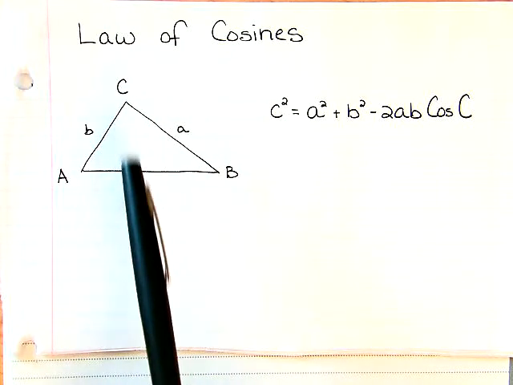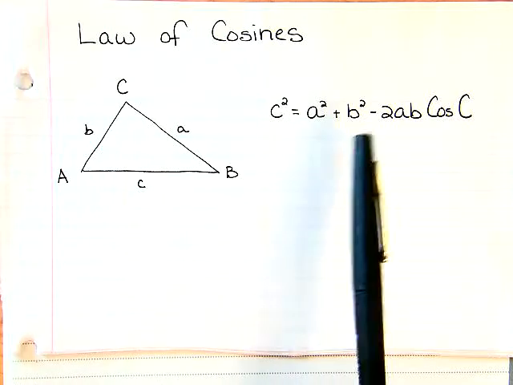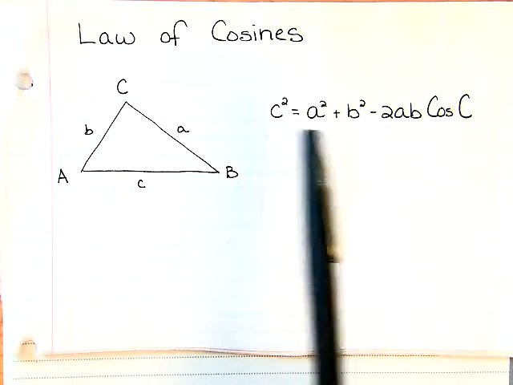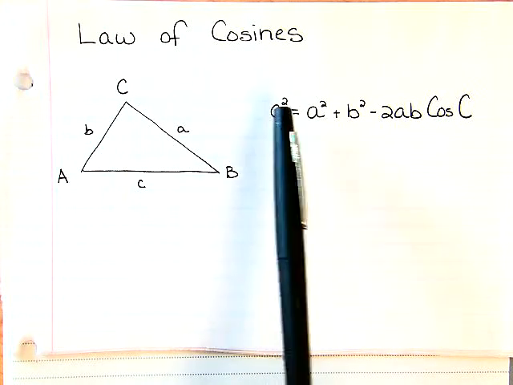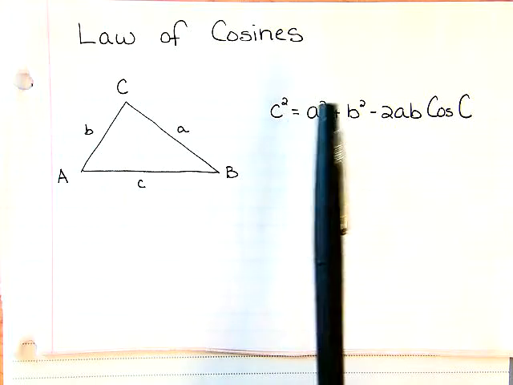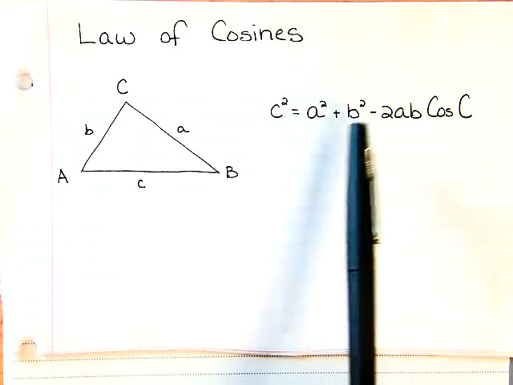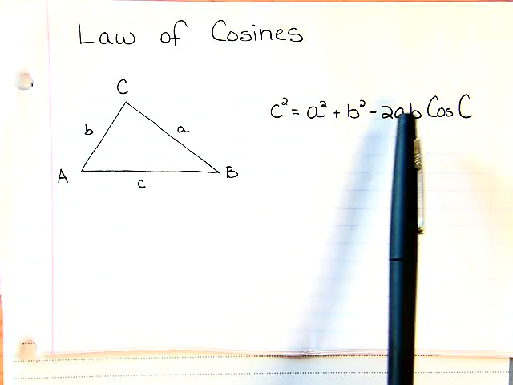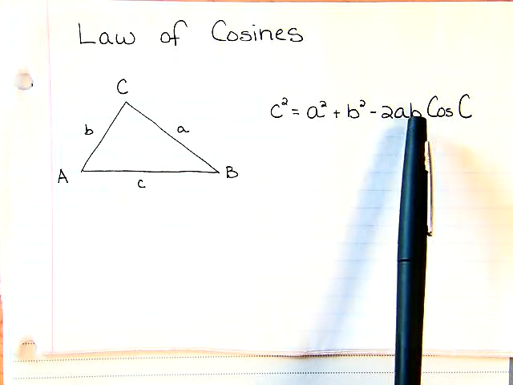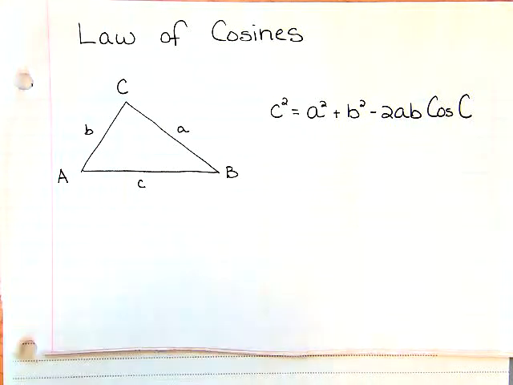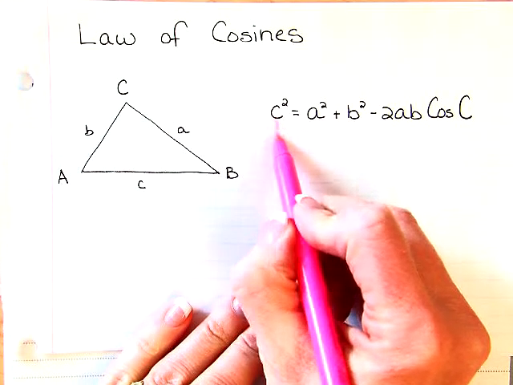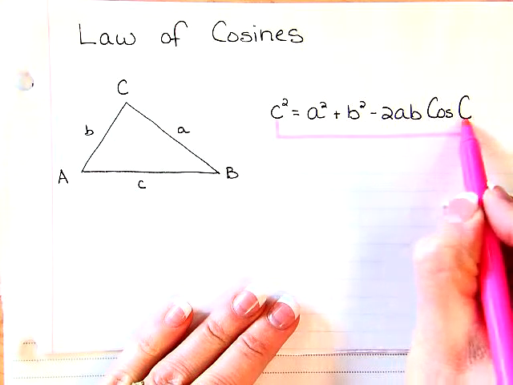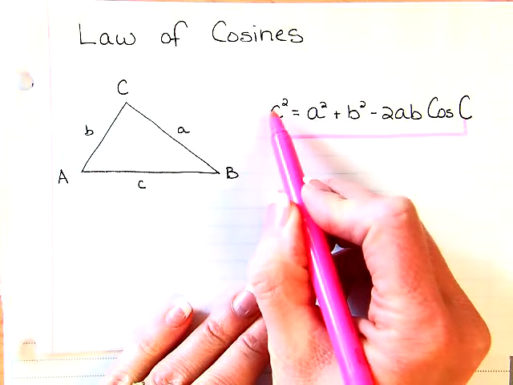Opposite angle C is side c. All right, so if you look at the formula, basically what it says is if you take a side squared, it will be equal to the second side squared plus the third side squared minus 2 times the second side times the third side times the cosine of the angle that is opposite of this side that you put here.